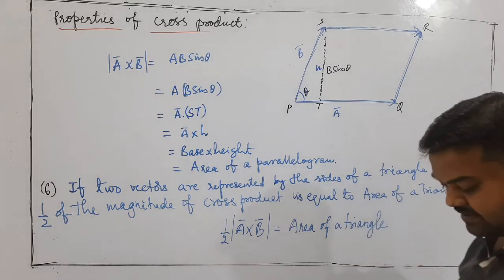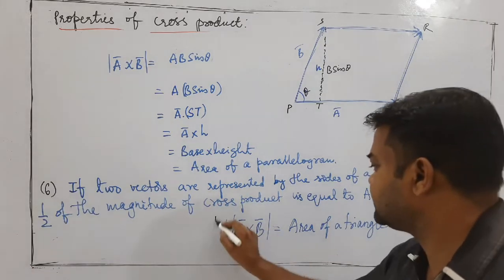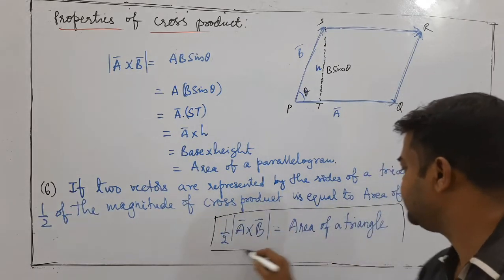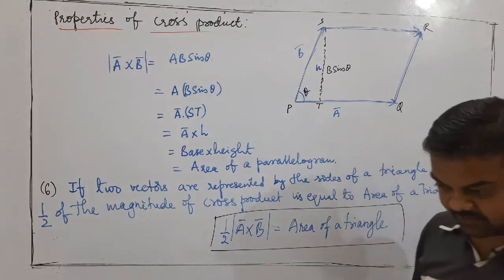This we have to prove. Half of the magnitude of cross product gives area of a triangle. Okay, we will prove this one also.